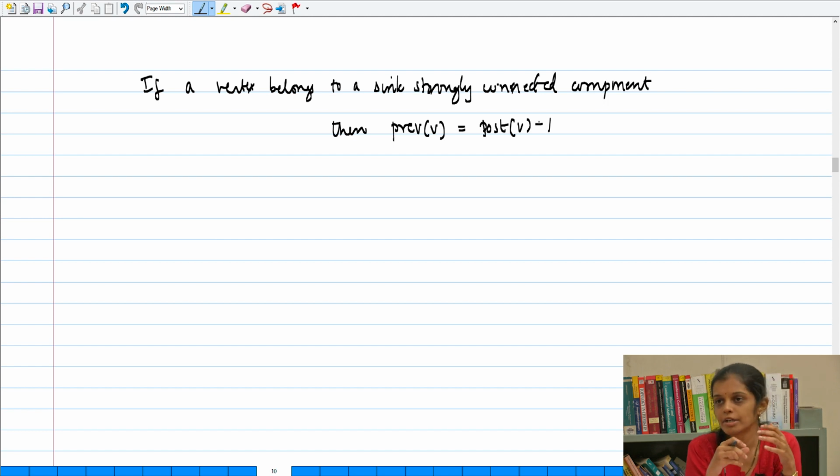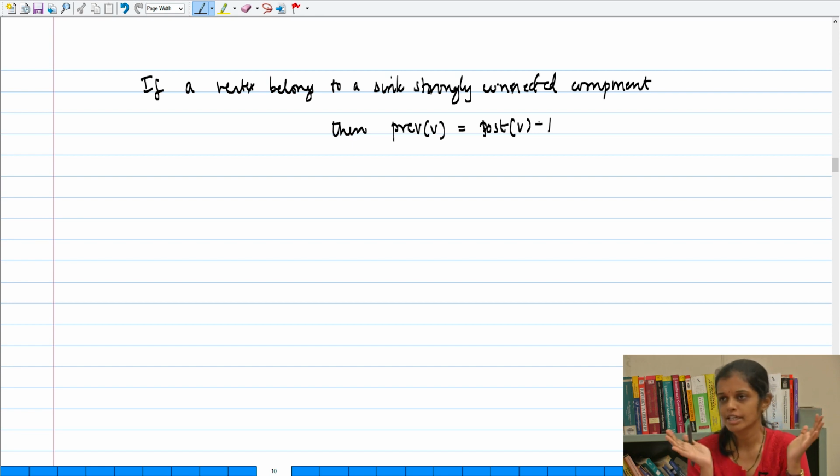Actually, we want a statement which is the other way. That is, we want to make a statement that if pre-visit and post-visit look like this, then it belongs to a sink strongly connected component, right? Because that is something that is going to help us to identify a vertex which belongs to a sink strongly connected component. Is the kind of statement we want to make clear? We already have pre-visit numbers, we have post-visit numbers for every vertex.